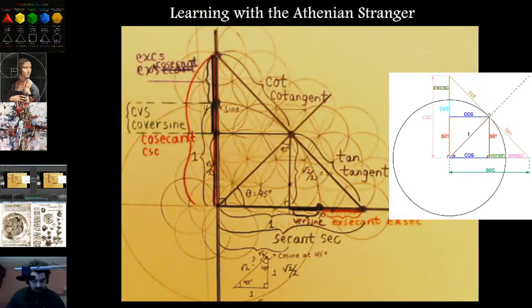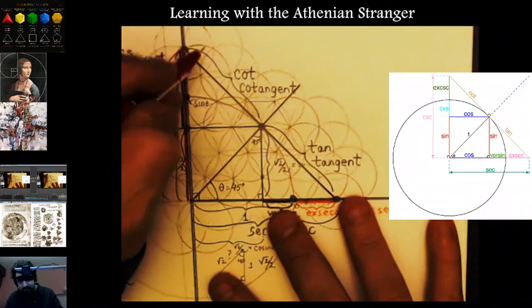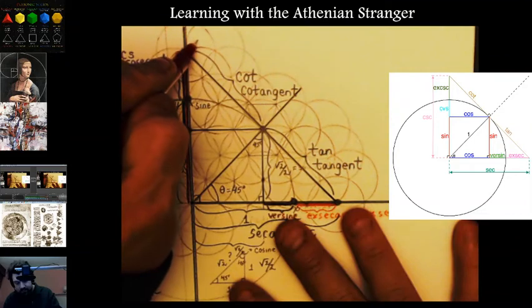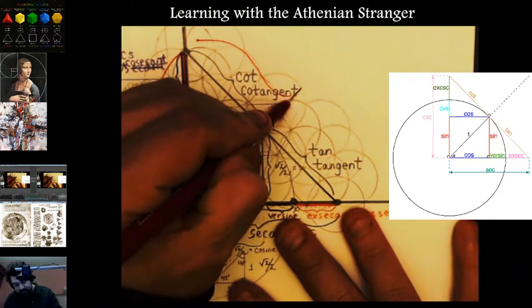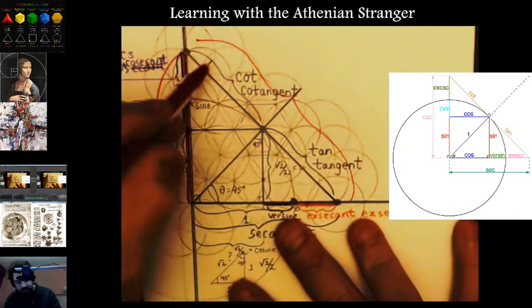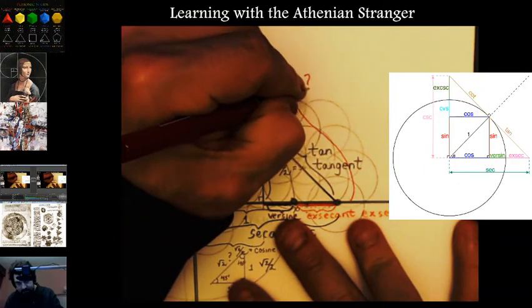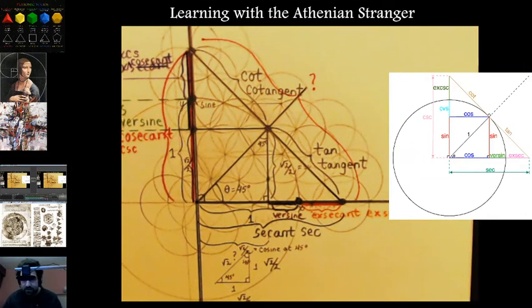In the limited research I did, I couldn't find it, because I don't really know how to ask the question to Google. But what is this whole distance here called? In other words, the cotangent plus the tangent. What is that called? If you know, please inform all of us, and I can add it to the description of the video what that final piece is, or superimpose some text.